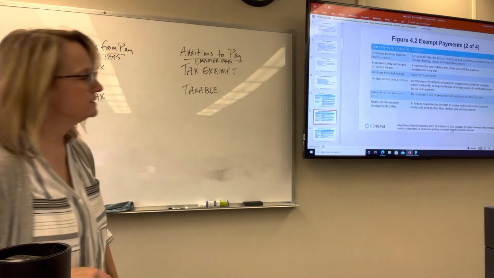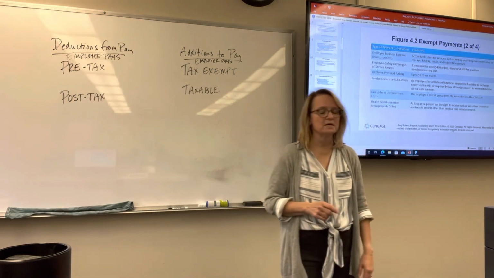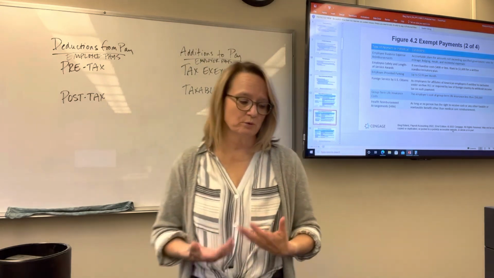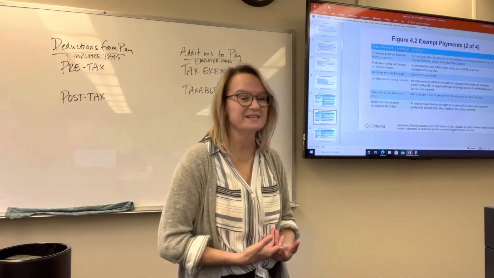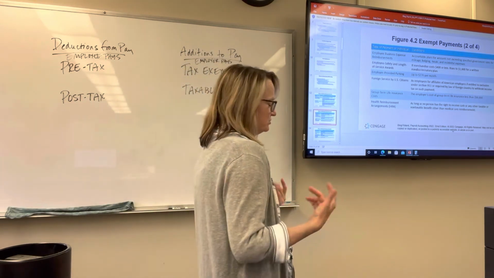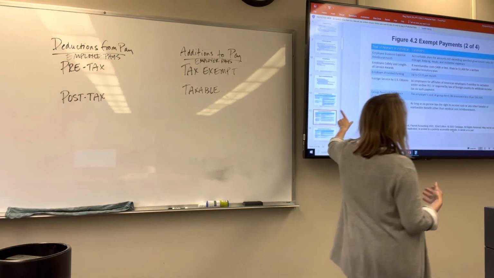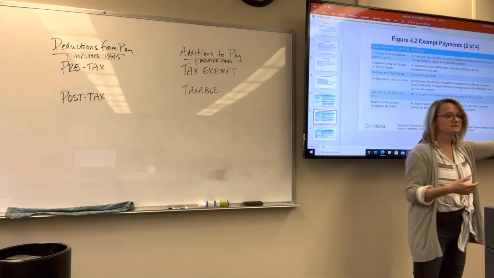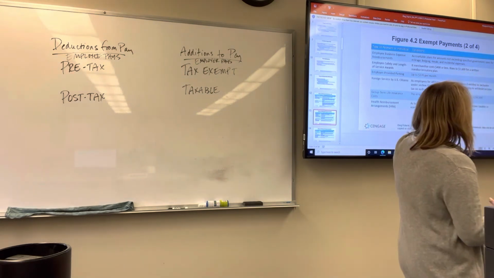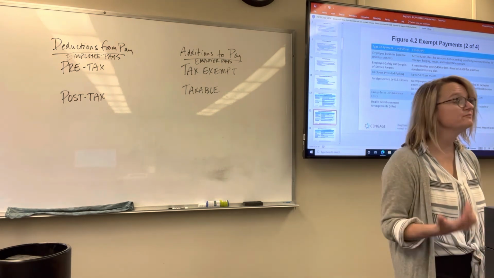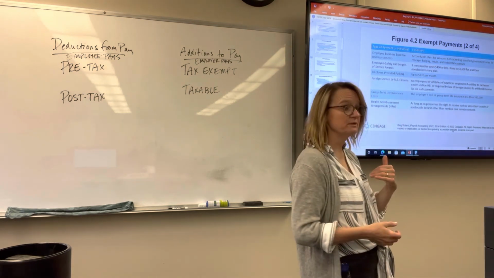Group term life insurance. I think I may have mentioned this at one point, but just to reiterate. Employers will often provide a group term life insurance benefit to employees. It's a pretty inexpensive benefit. As long as the benefit to be paid, that's the amount your beneficiary would receive if you die, is less than $50,000, none of the premium that the employer pays on your behalf is taxable to the employee.